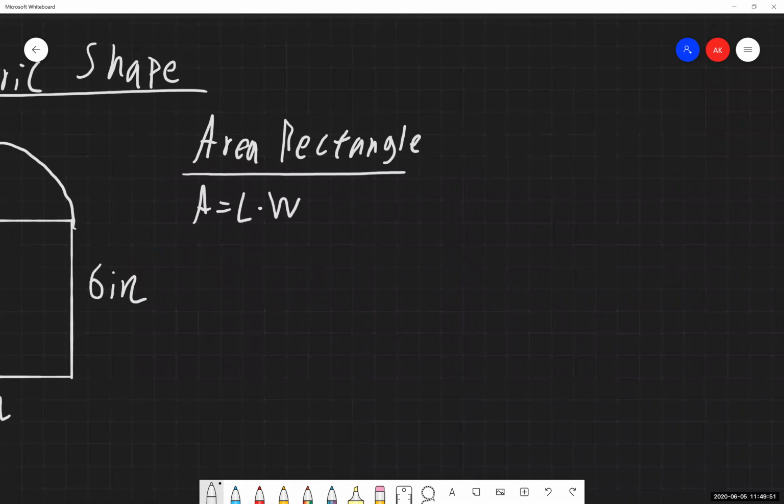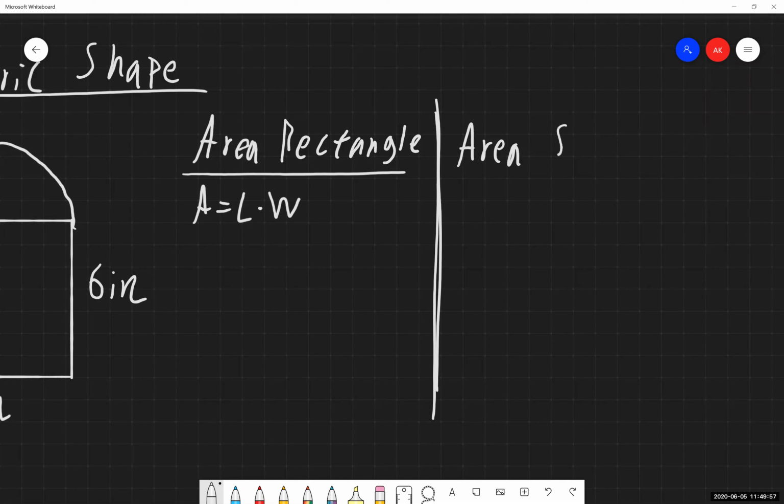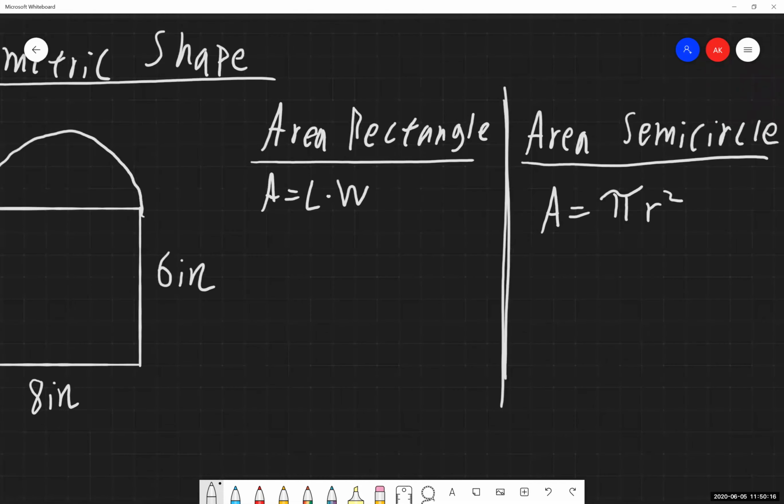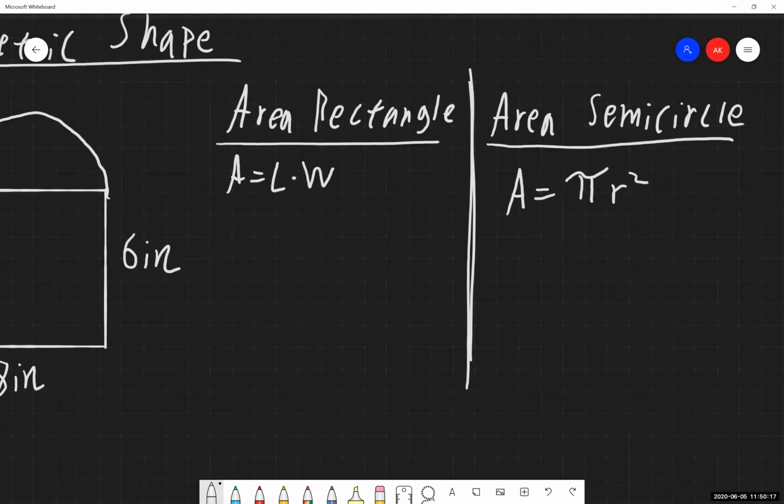When we are solving for the area of that semicircle, it's going to be half of a full circle that we have there. So find the area of a circle using our equation, and then say, well, because we're taking half of it, we're going to divide by 2.